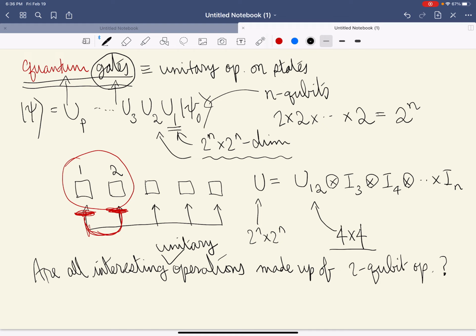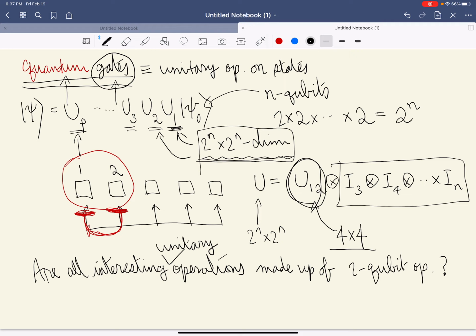I want to accomplish some complex 2^n by 2^n dimensional unitary operation on the initial state. The question is whether it will be possible to find a decomposition of this enormous unitary matrix into many pieces of much simpler unitary matrices, where each unitary matrix is basically only 4-dimensional, while all the other components in the tensor product are just the identities.